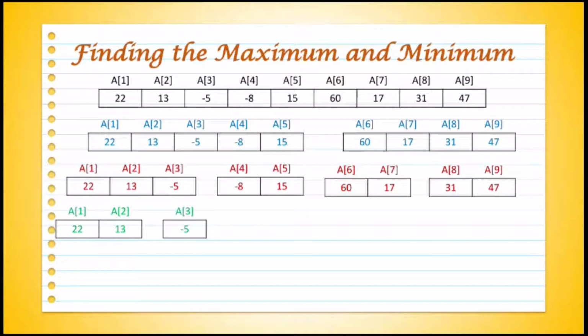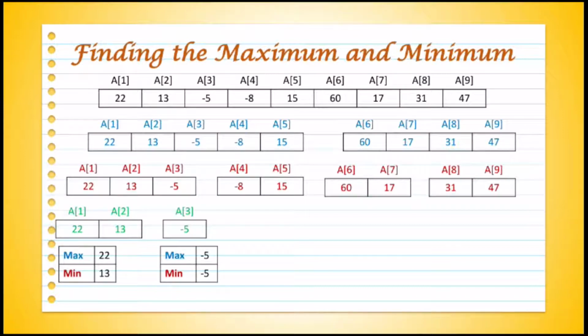For the first array, 22 is the maximum value and 13 is the minimum value. Similarly for the second array, there is only one element, which means the maximum and minimum value will be the same, that is -5. So max value will be -5 and min value also -5.